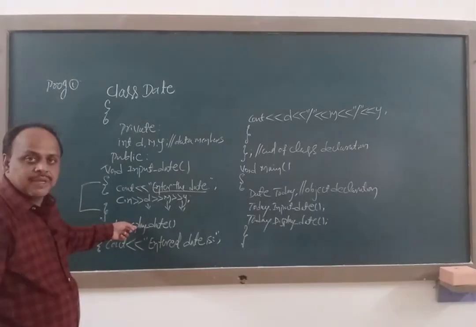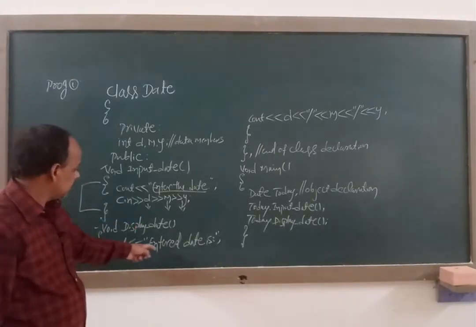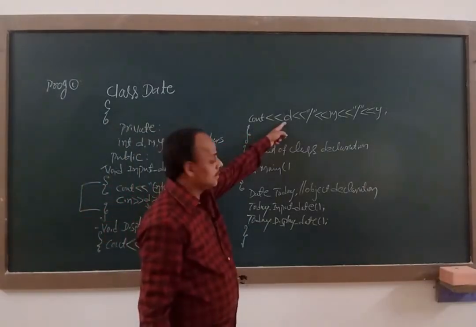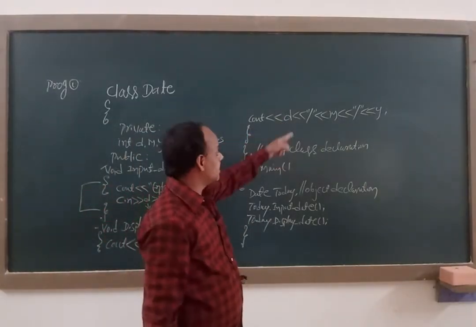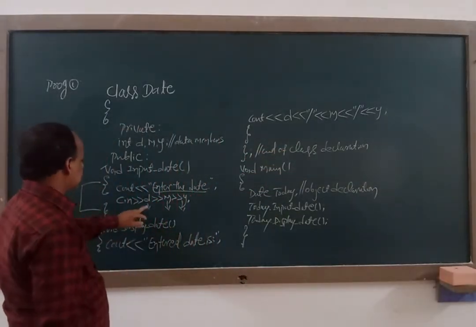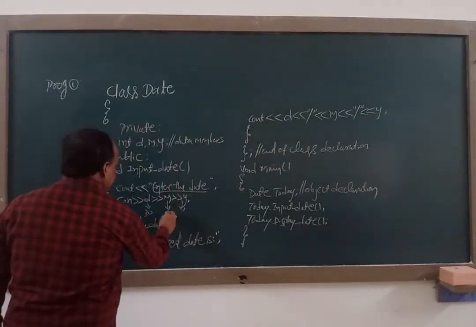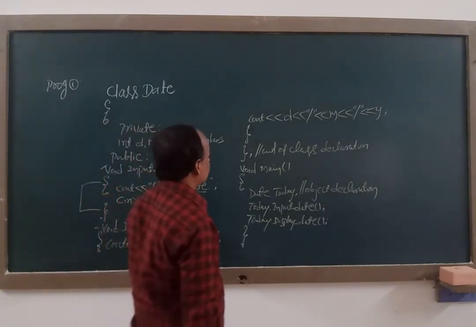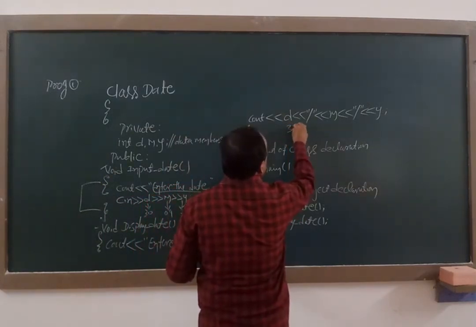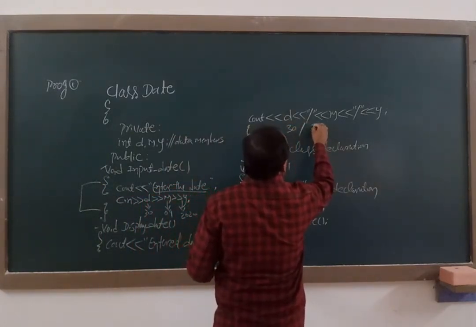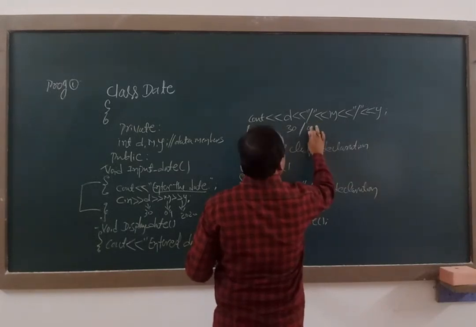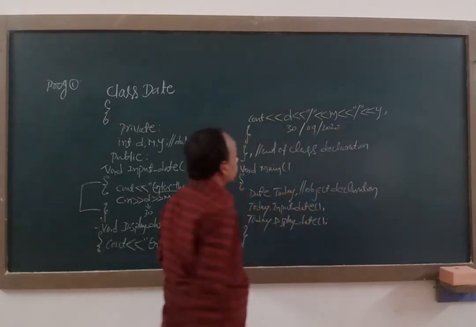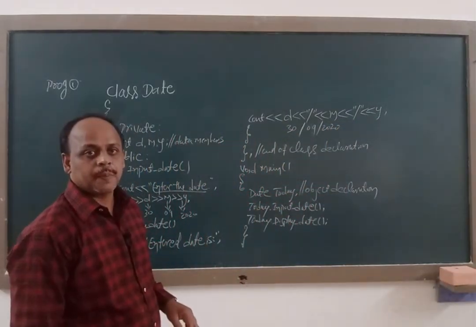Today dot display function means it goes to the display function. What is happening in the display function? One cout statement is there: the date is. It prints D. D contains some value, say 30/9/2020. So this 30/9/2020 is printed like this. Like this, the result is printed.